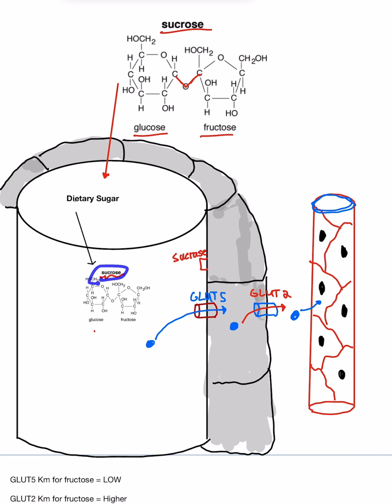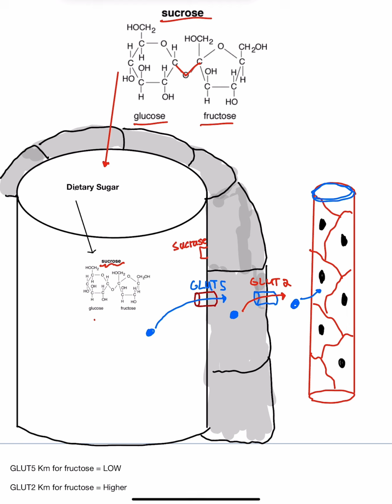So if I have sucrose, it's really quick, but it takes a second to break this little bond into glucose and fructose and then absorb fructose. But if I have free fructose in the form of high fructose corn syrup, that could potentially be more of a problem because the fructose is already free and there's a lot of it.